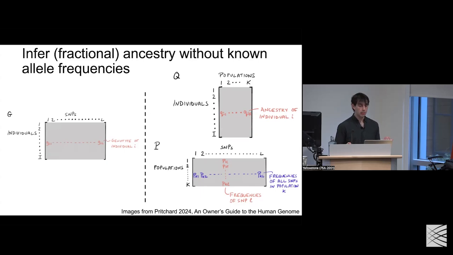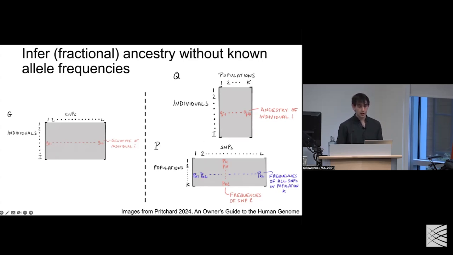However, maybe that's not so good if we don't really know exactly what populations are contributing to each individual. Maybe there's some population that isn't included in our reference panel that has contributed ancestry to our genotype matrix, G. And so now we're going to try to do this exact same inference problem, but move P over to the right-hand side of the dashed line.